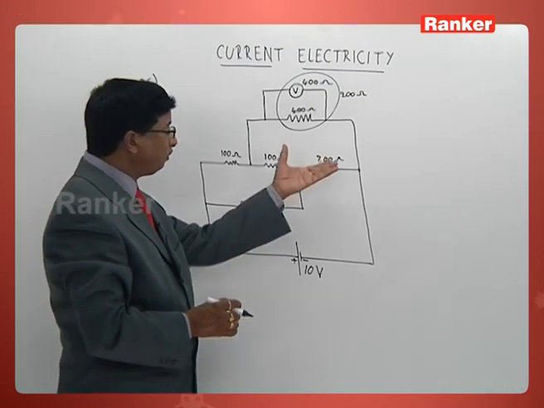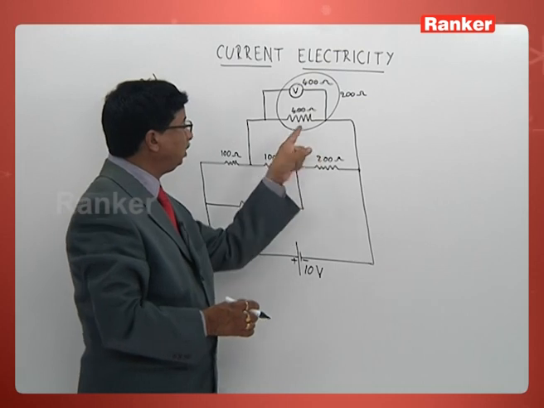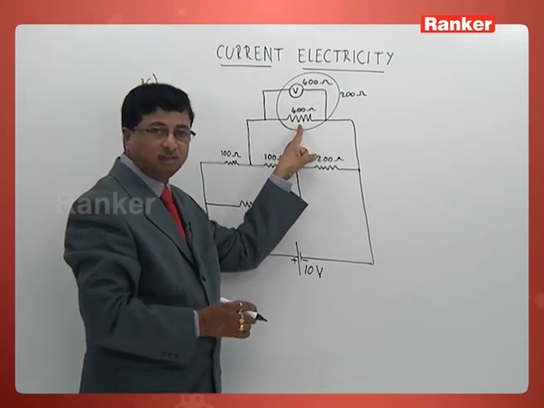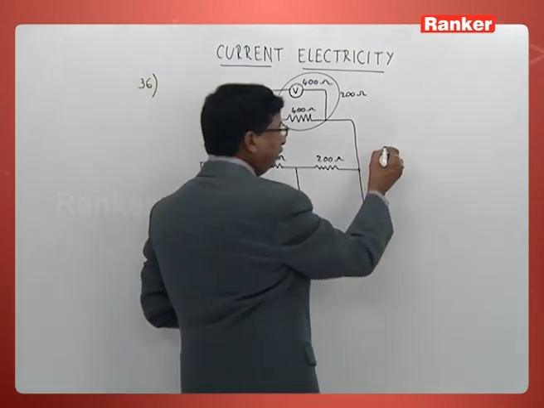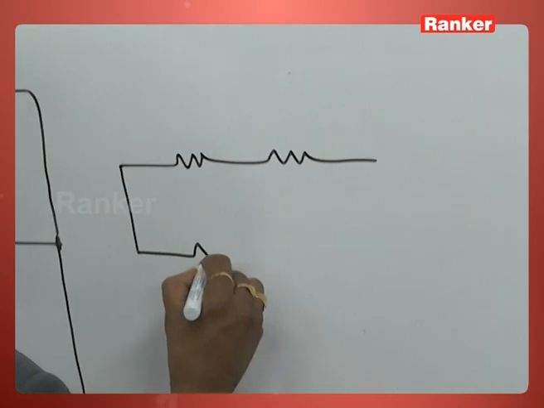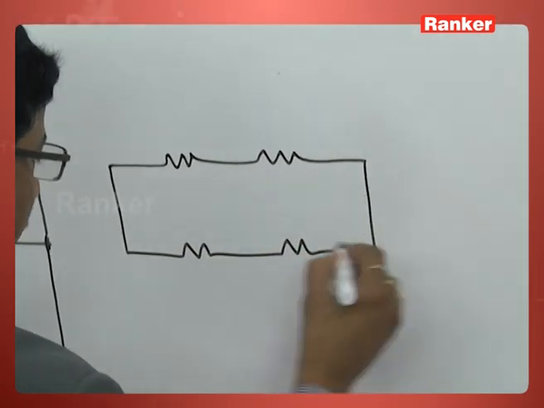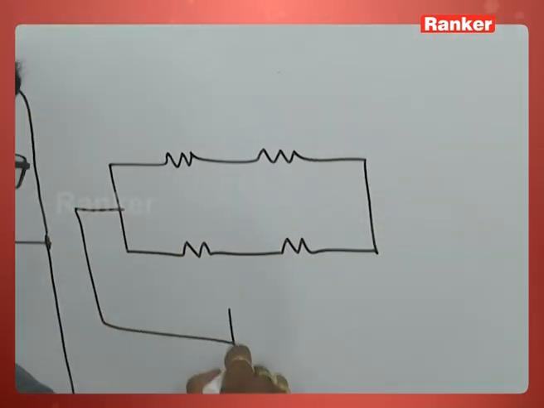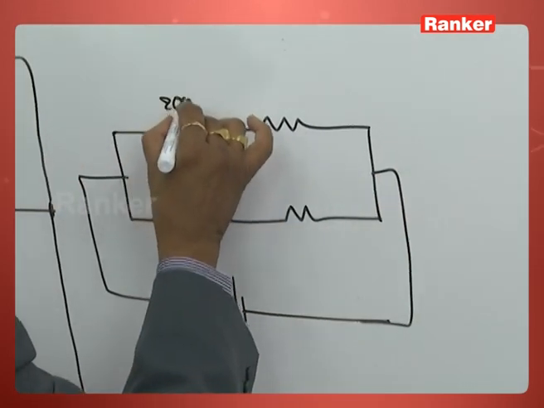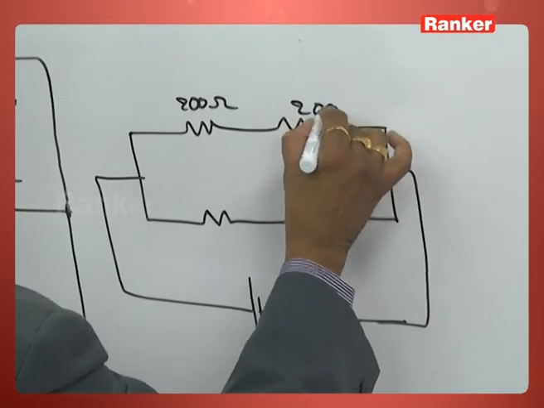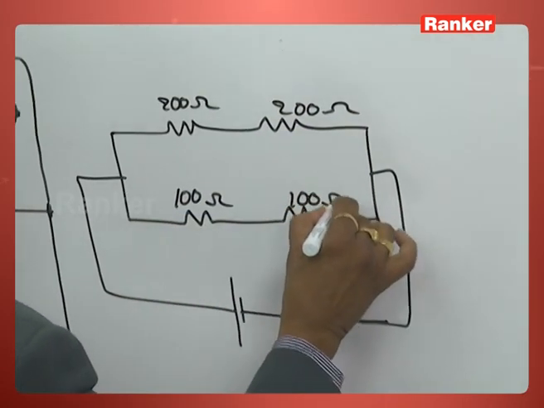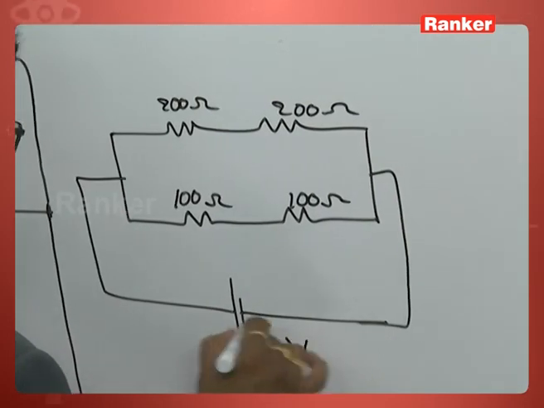So what you should understand here is, what is the voltage across this is the question. So when you are talking about these two resistances like this, there is now 10 volt across. 200 ohm here, 200 ohm here, 100 ohm here, 100 ohm here. This is 10 volt.